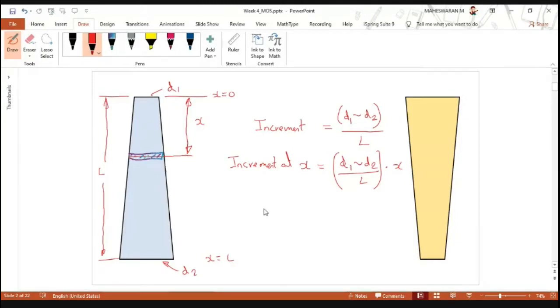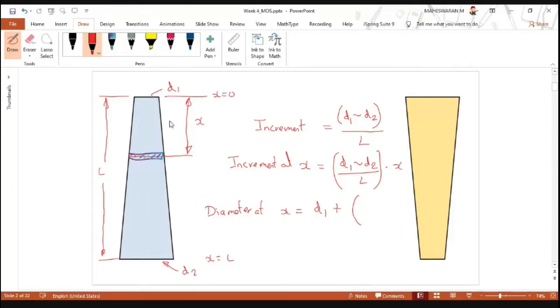So to find the diameter at x, it will be whatever the diameter is here, and from here d1 it is increasing. D2 has a greater value when compared to D1. So it will be D1 plus.